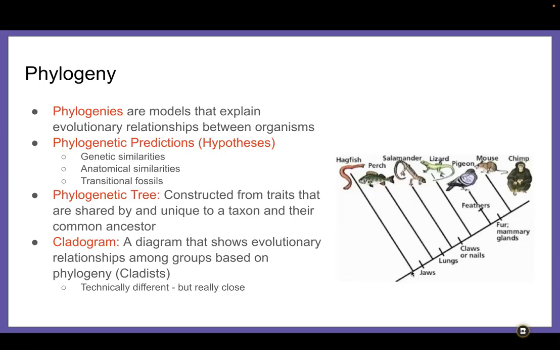Sometimes we'll see these called cladograms. It's a diagram that shows evolutionary relationships among groups based on their phylogeny. Clades study these. Technically, phylogenetic trees and cladograms have a little bit of differences in how they're constructed. But really, for us in this class, we pretty much say they're the same thing because we're going to use them in the same way.